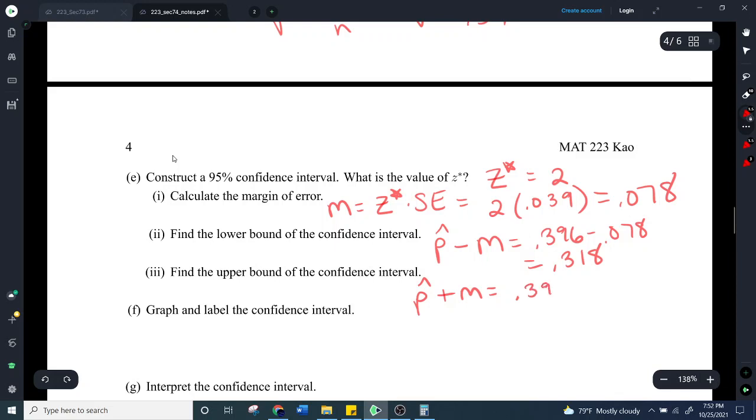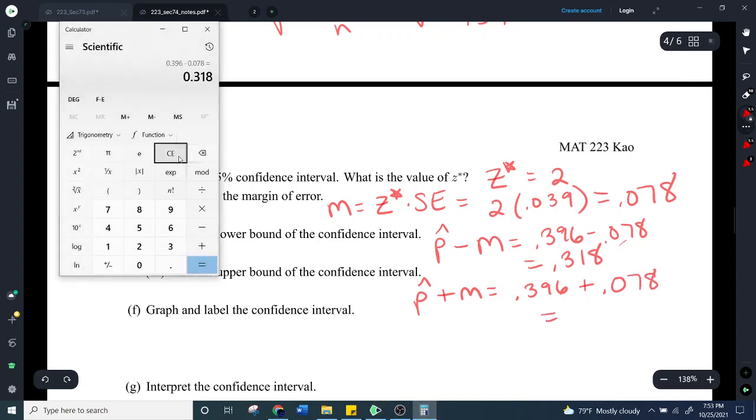So it's the same numbers, 0.396 plus, let's see, 0.078 was my margin of error. So if we add it this time, 0.396 plus 0.078, I get an upper bound of 0.474.